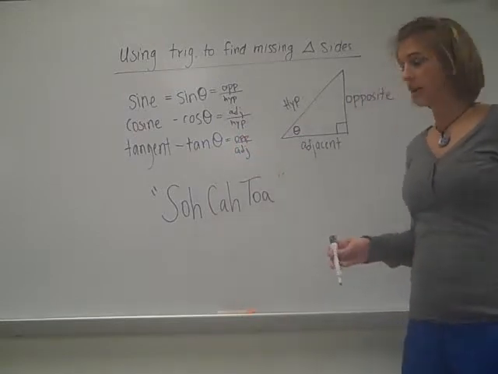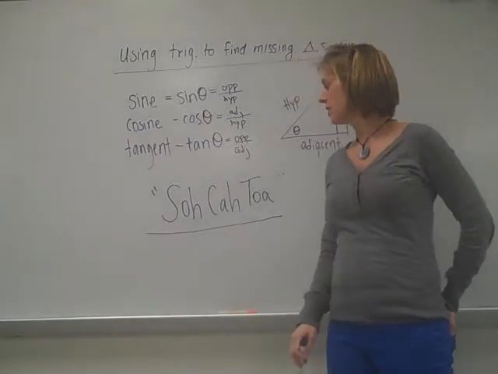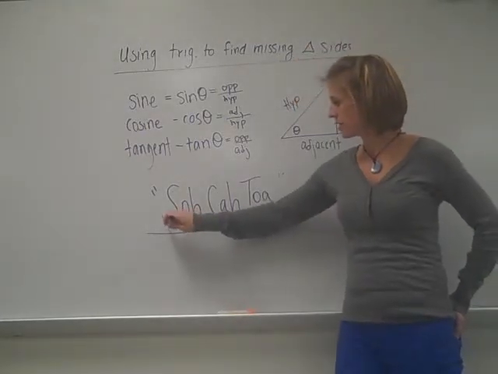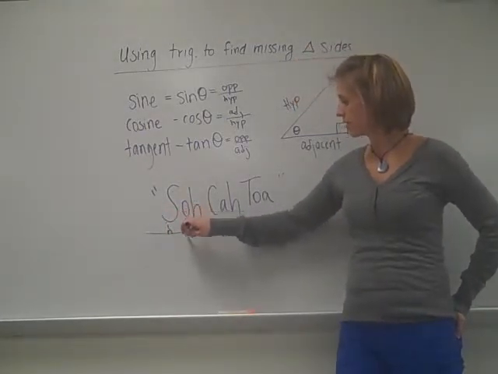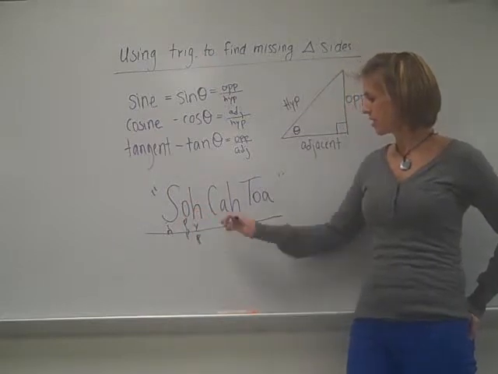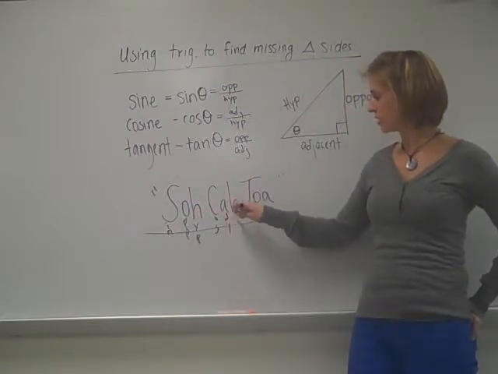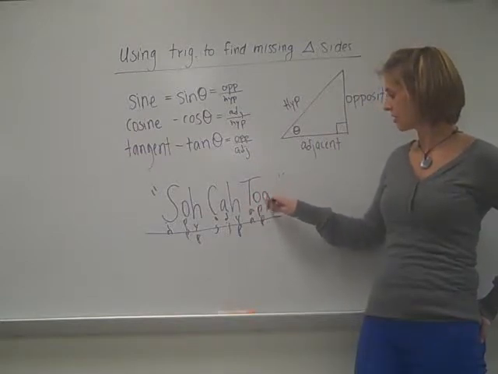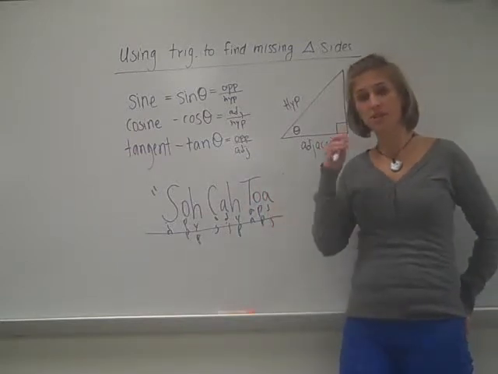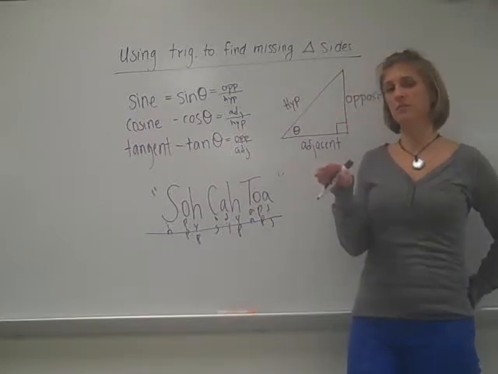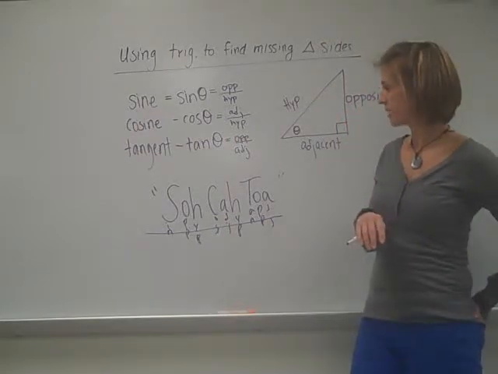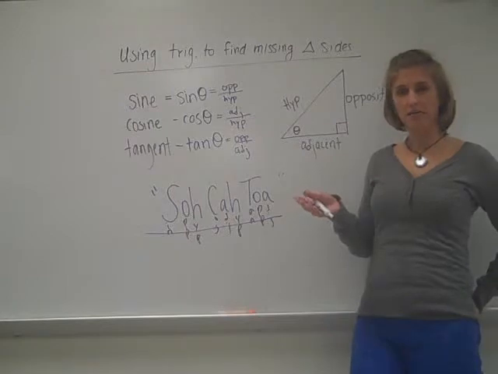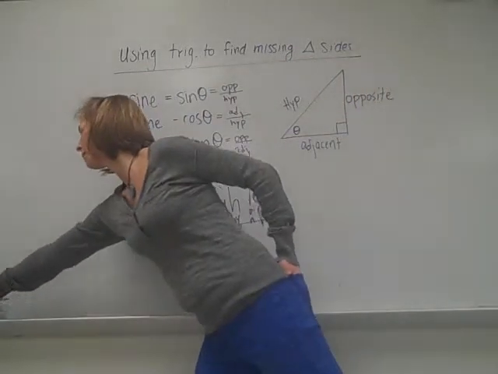So that's where this word comes up, SOHCAHTOA, because it stands for the sine is opposite over hypotenuse, the cosine is adjacent over hypotenuse, and the tangent is opposite over adjacent. It gives you a way to memorize the way that it goes. So this might seem kind of confusing, but here's how it works.